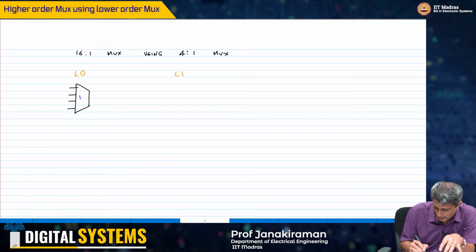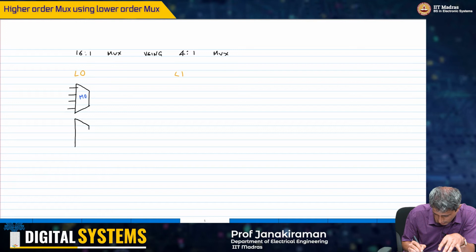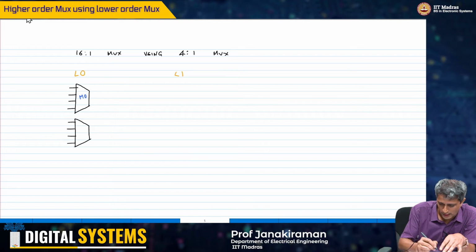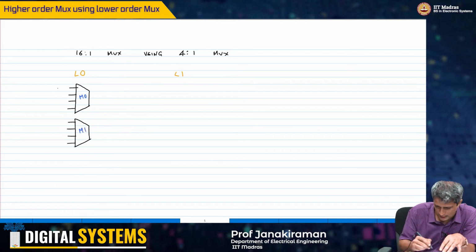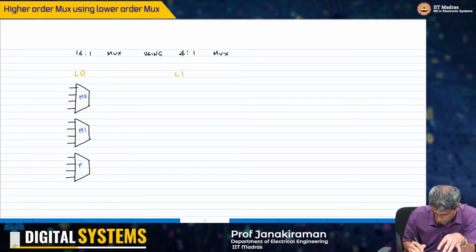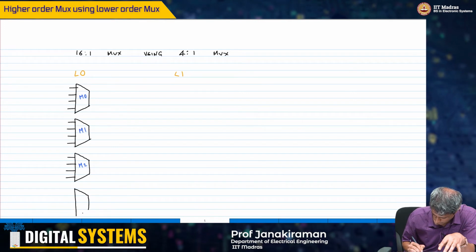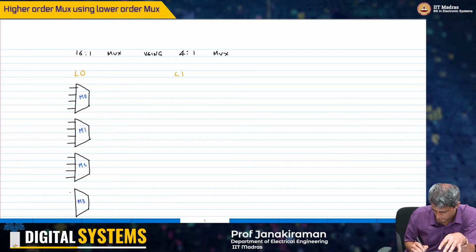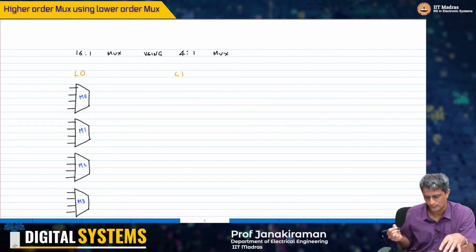So I'm going to call this M0. Then I have my next multiplexer here, 1, 2, 3, 4, M1.